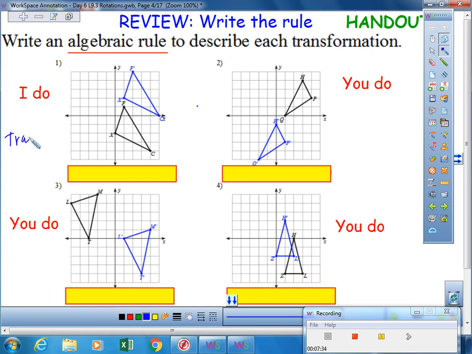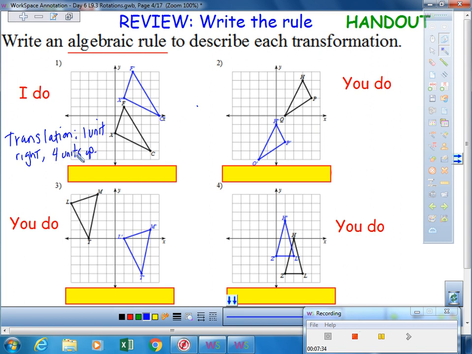So it's a translation. We're going to practice doing both. Translation. And then you just take the letter and you go to the prime. How many did you go? Remember, you're going to do left, right first. You went right, so 1 unit, right? And then how many units did you go up? 1, 2, 3, 4 units up.